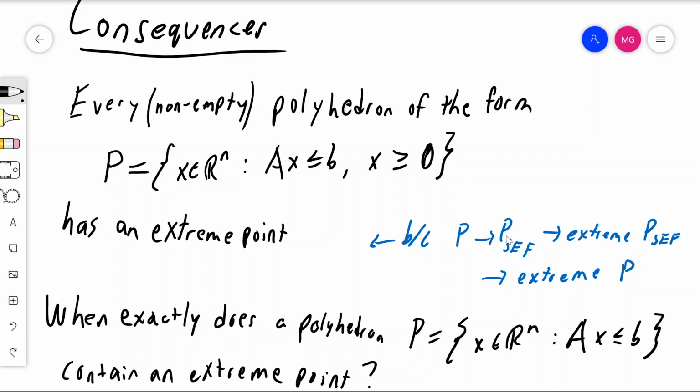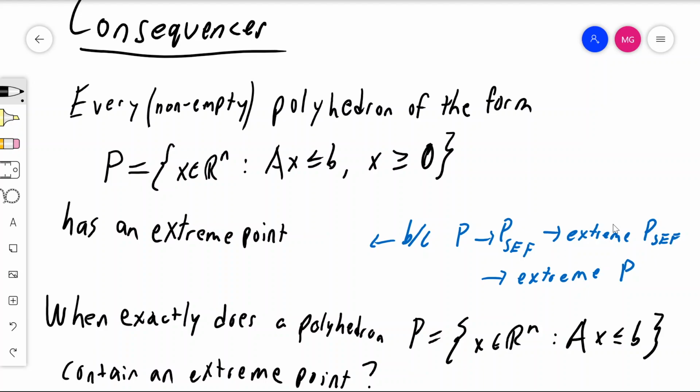So we can convert to SEF form, and since we have the variable non-negativity here, when you look at the extreme points of the polyhedron for the SEF version, that definitely bijectively corresponds to the extreme points of the original polyhedron. And we know for sure that the SEF version does have extreme points, because that's the same thing as saying that the linear program has basic feasible solutions, and we already know that that's true.